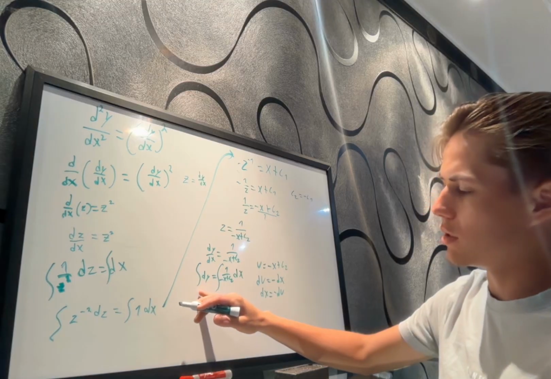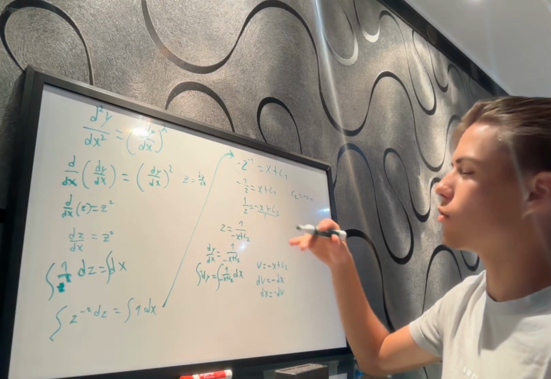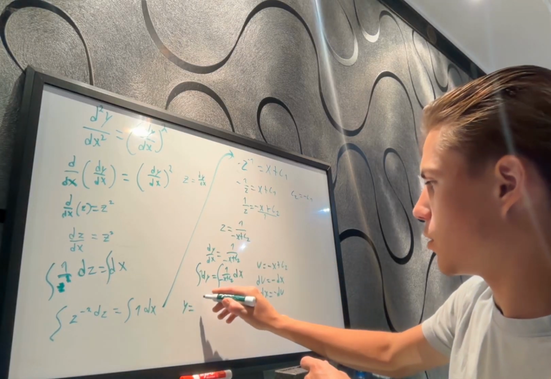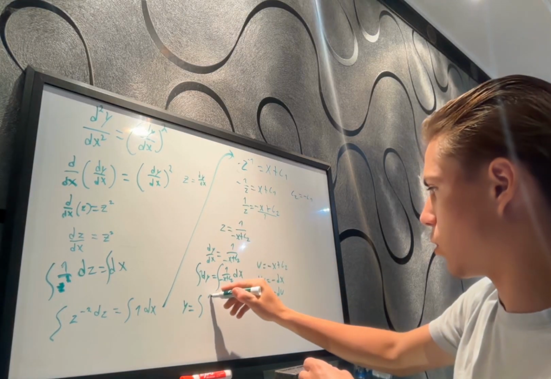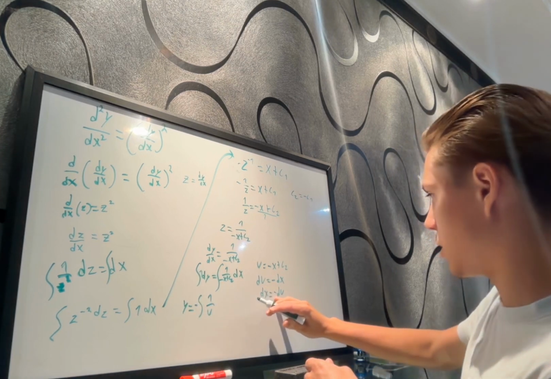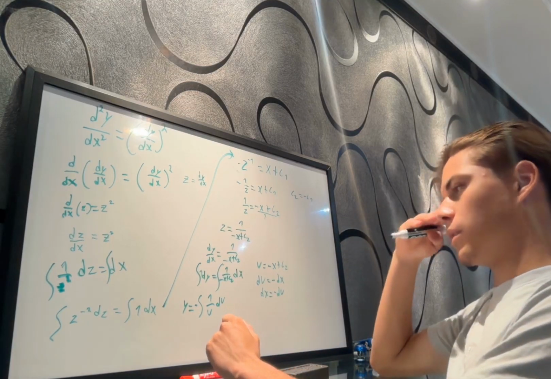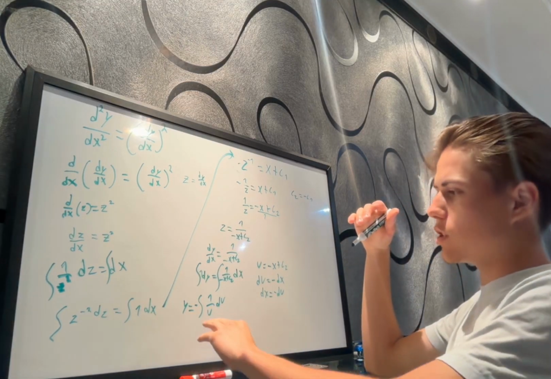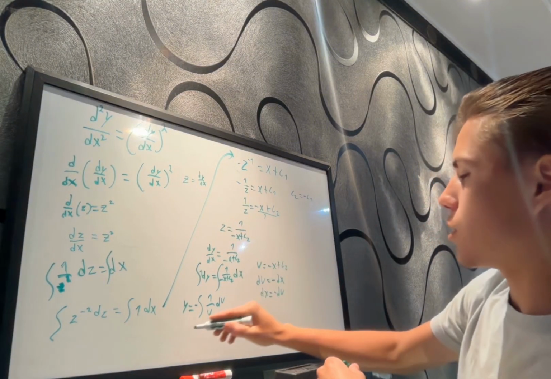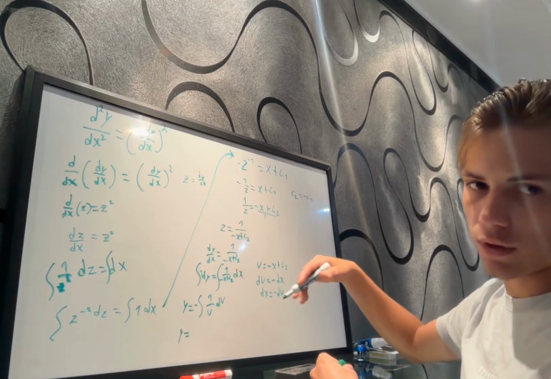Taking the integral of 1 dy just gives us y. And then we rewrite the other side as 1 over u, with the negative coming out, du. If we integrate 1 over something, we're going to get the natural log of that something.